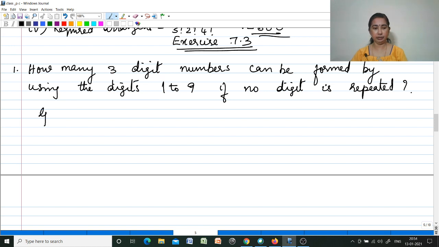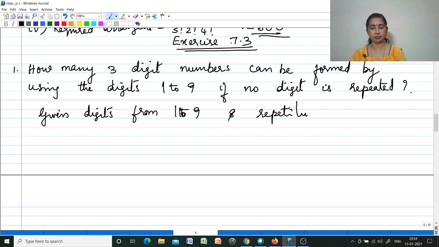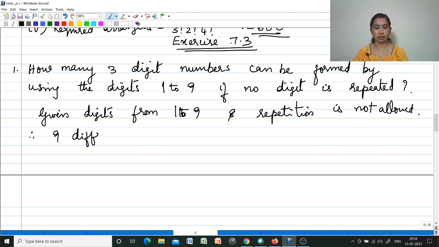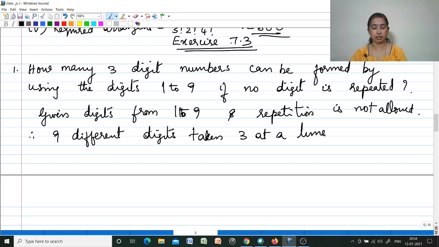So given digits from 1 to 9 and repetition is not allowed, therefore 9 different digits taken 3 at a time is equal to 9P3, which is equal to 9 factorial divided by 9 minus 3, that is 6 factorial, and that is 9 into 8 into 7, which is equal to 504.